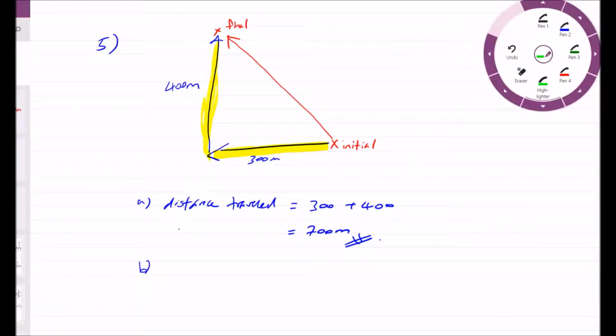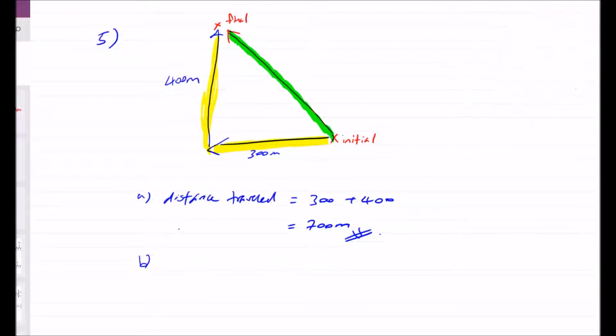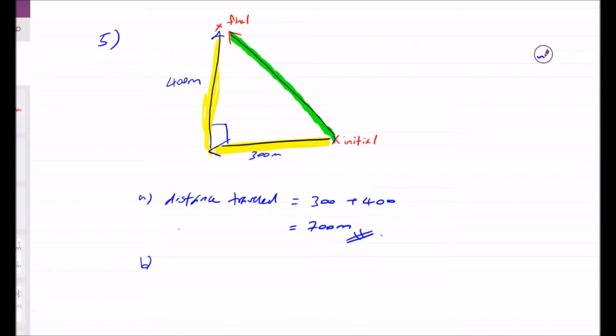I'm going to highlight this in green. To find the displacement, as I've highlighted in green, we have to use Pythagoras theorem because he traveled west first and then north, so we know that this triangle is actually a right-angled triangle. Displacement is simply the square root of 300 squared plus 400 squared, which is 500 meters.